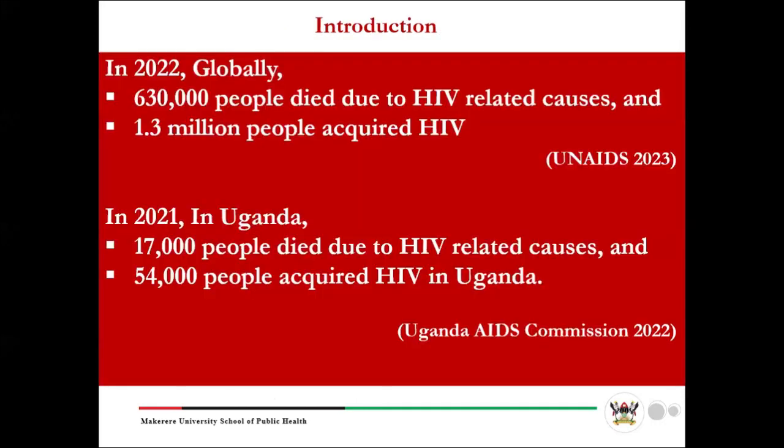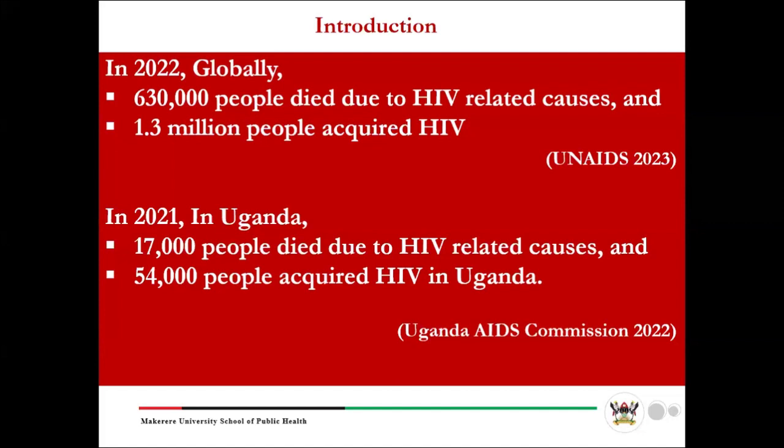In 2022, globally, 630,000 people died due to HIV-related causes, and 1.3 million people acquired HIV, and over 60% of these were in sub-Saharan Africa. Of course, this shows that HIV is still a big burden in the region, which we have to devote efforts together to address.